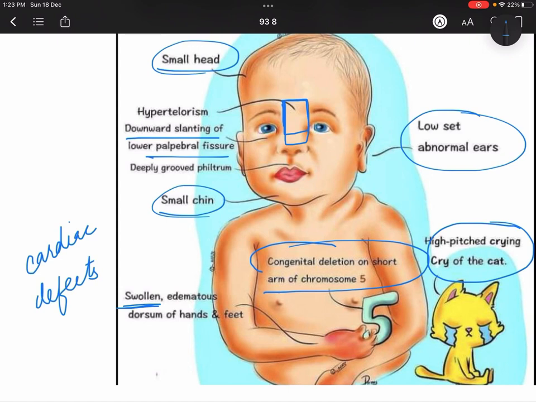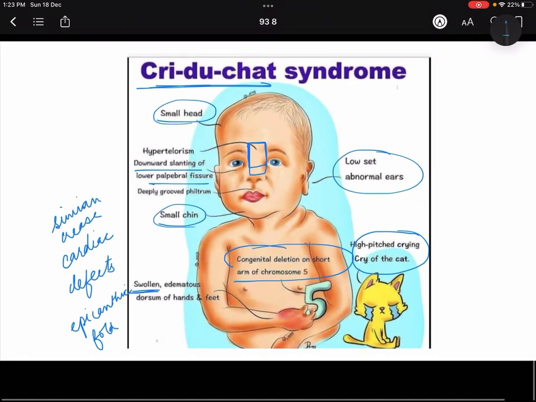Then you can write epicanthic fold on the eye. So this is the Mongolian feature. Then there is simian crease on the hand. I am saying these because these are the ones you know also and you can remember also. So these are the things that you can remember.